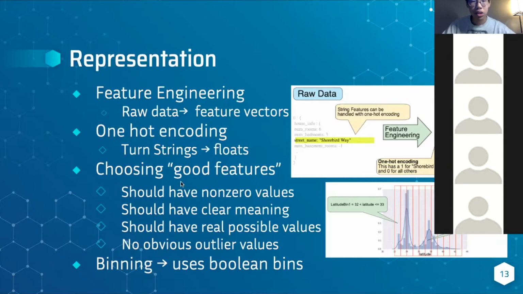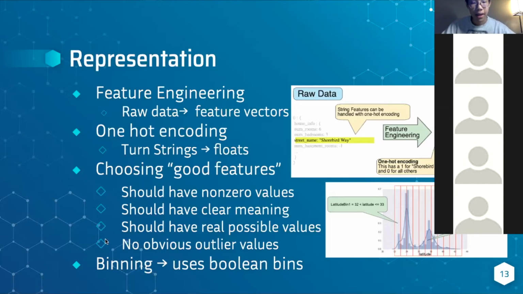We also want to choose good features. What this means is we don't want unclear features. Let's say we have input data with all of the information about a teenage boy, but it is not labeled, or it is not clear whether he ever had cancer or not. Then it would be bad to include that in our data set because it's not clear to us, and it can have zero values.